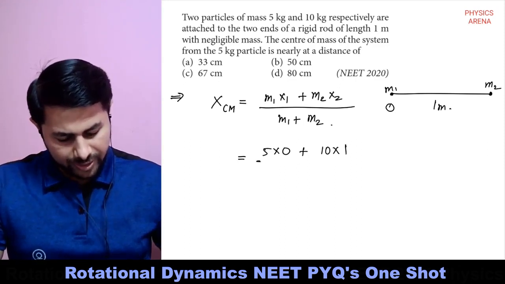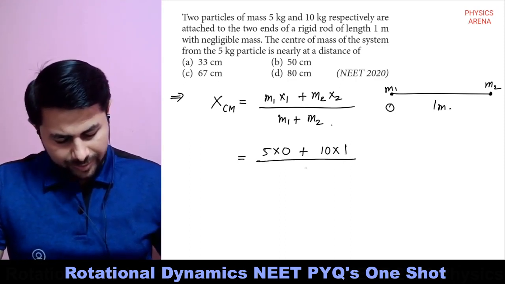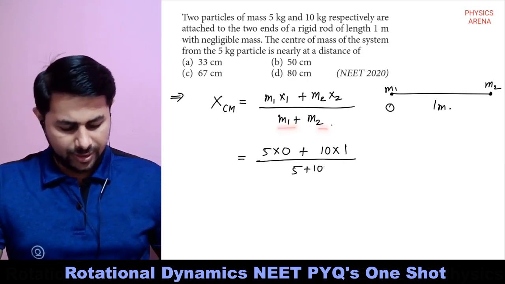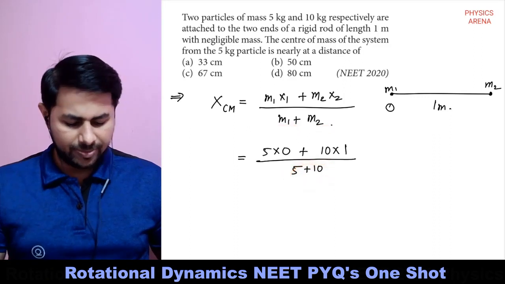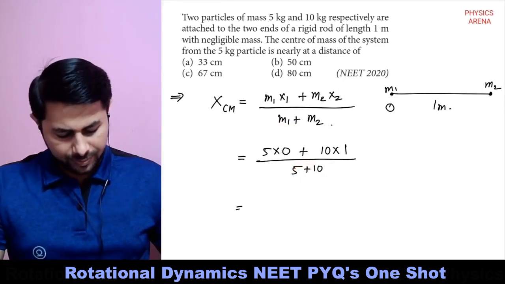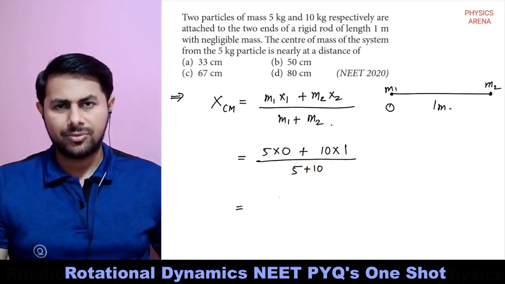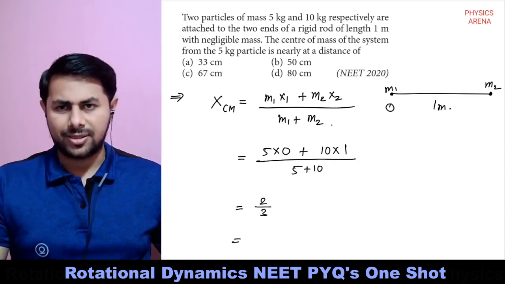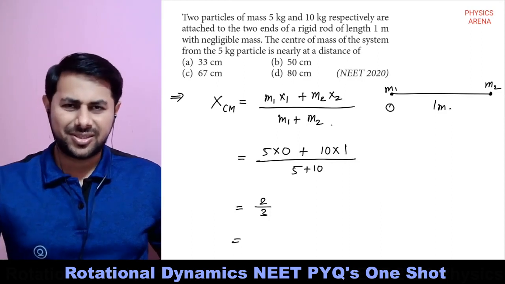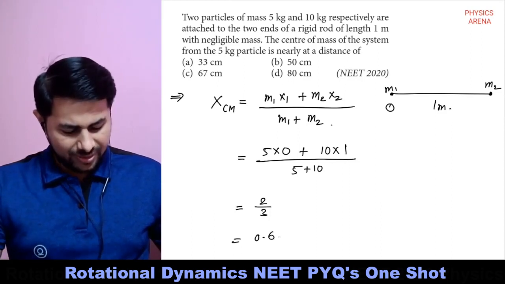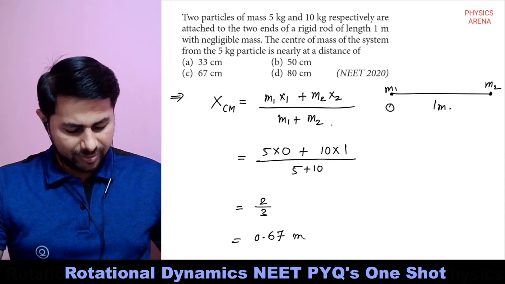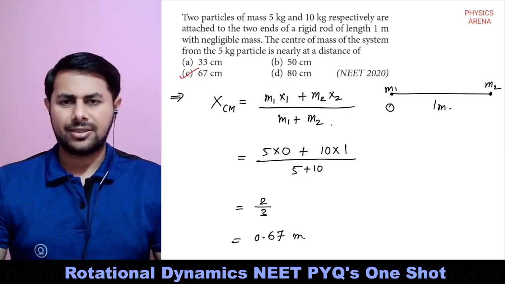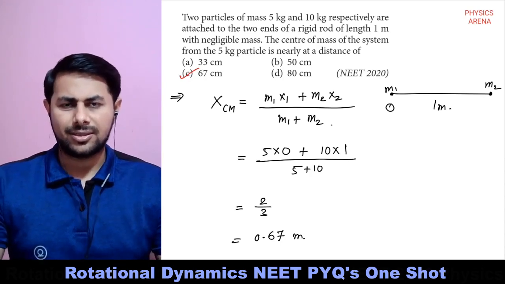So it is 10 times 1 divided by 5 plus 10. M1 is 5, M2 is 10, so this is 15. 10 divided by 15 is 2 by 3, which is 0.66, or you can say 0.67 meters, that is 67 centimeters. So this is the answer.